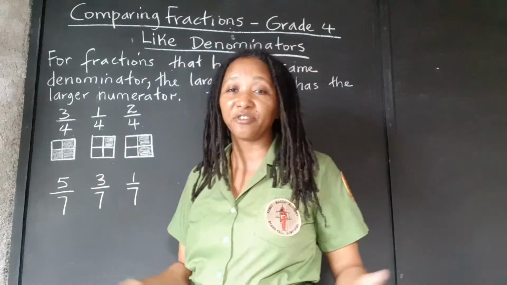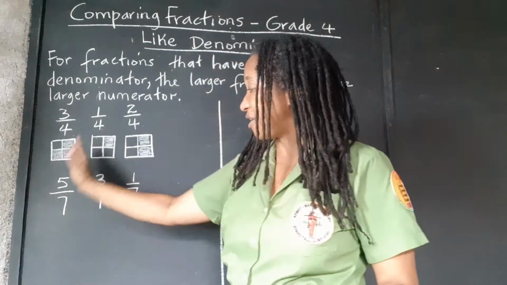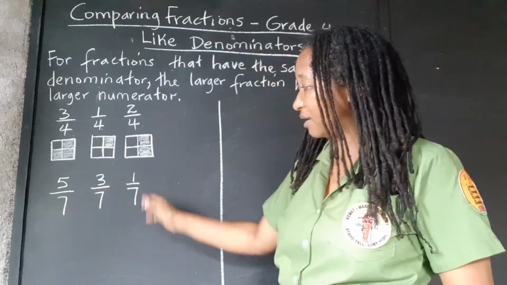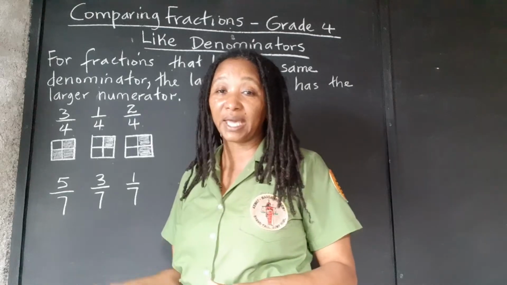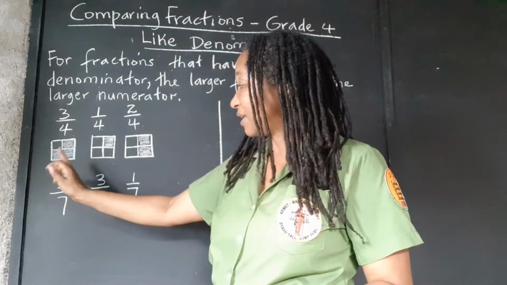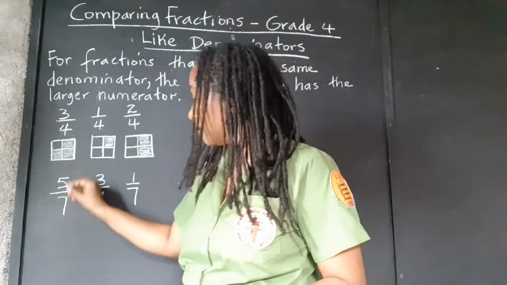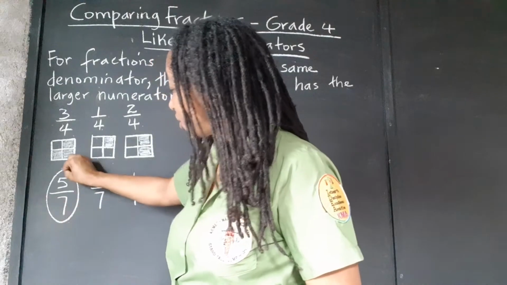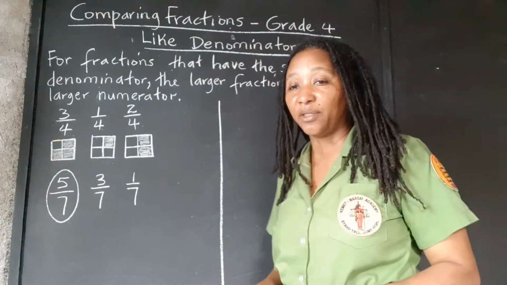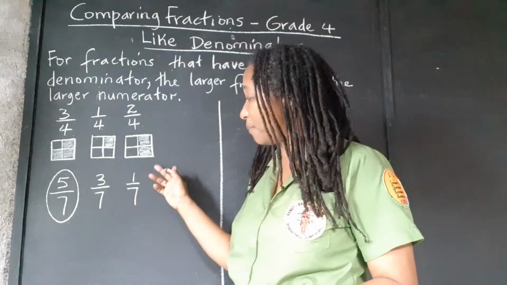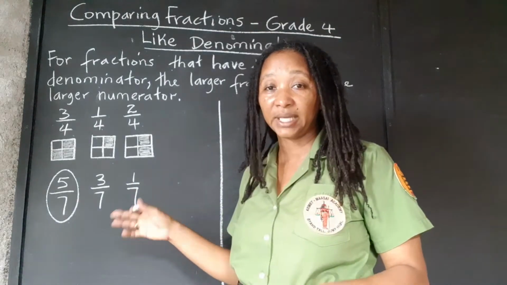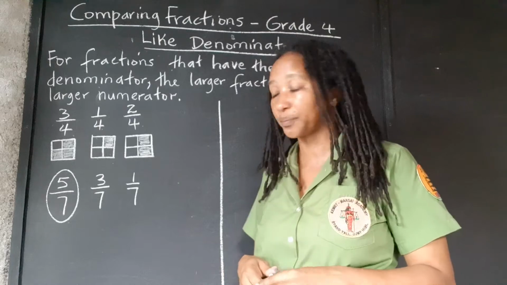We're comparing different wholes. So this is a different cake, or whatever it is you're sharing. But who would get the biggest? The one who's getting 5 parts out of 7 would get a bigger share than the one who is getting 3 parts out of the same 7, or 1 part out of the same 7 equal parts, right?